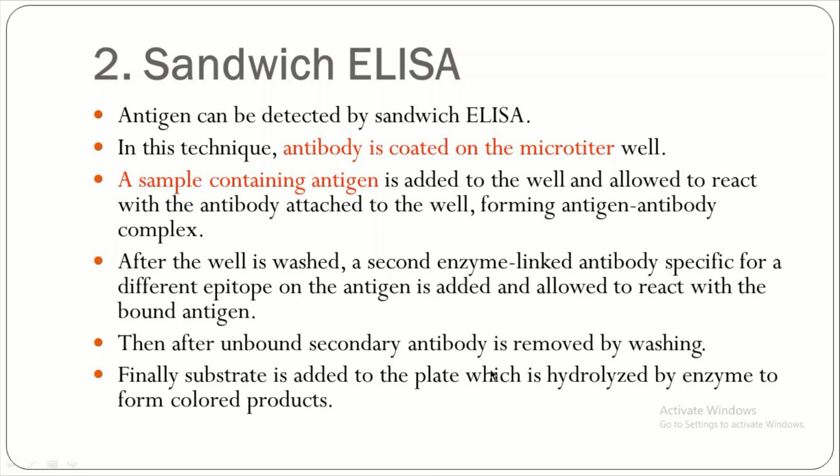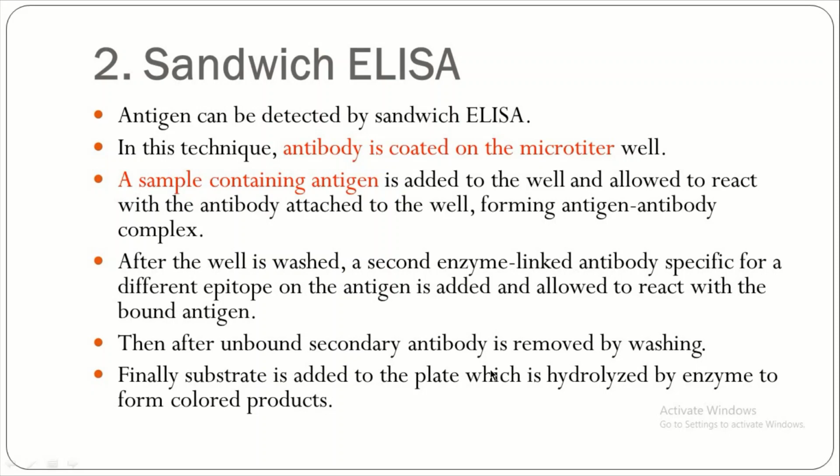The second type of ELISA which we are going to see now is sandwich ELISA. The name implies a sandwich: the antigen is sandwiched in between two primary antibodies. When you add the secondary antibody which is already conjugated with the enzyme, it will bind to the capture antibody.